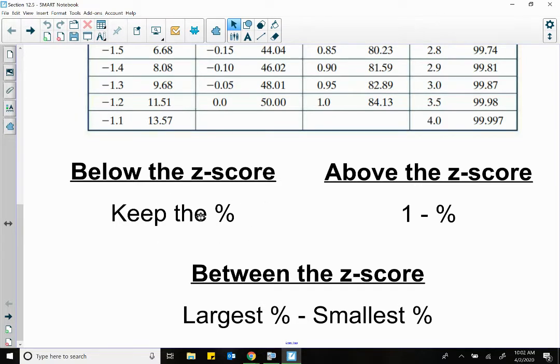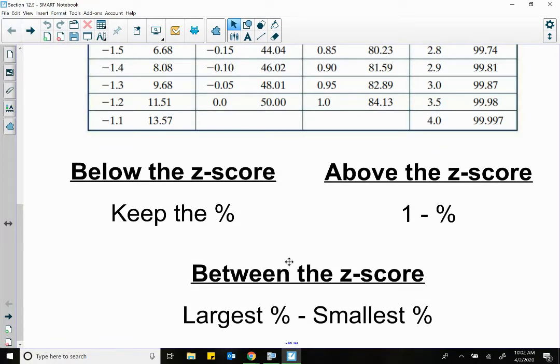When it says find me an answer that is above the z-score, take 1 minus that percent. Percentiles, as we just talked about, mean that at this percent, everybody else is below you. So if you want to go above, you'll take 1 minus that percent.